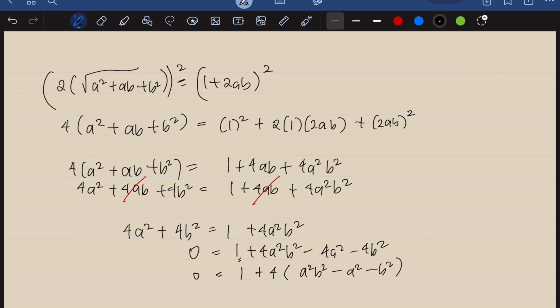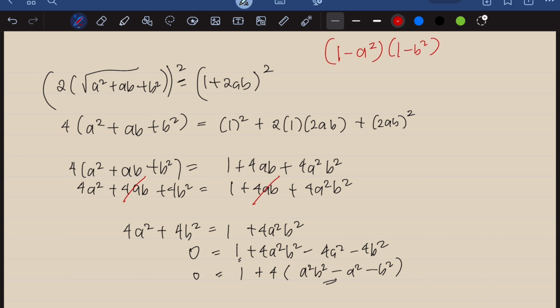And this can be factored again, this one, by making use of the required expression. Actually, I'm familiar already with this form, but I'm coming from the perspective that what if you are trying to solve this from scratch. So if you are not familiar with this form yet, what you can try doing is go back to the required expression, which is 1 minus a squared times 1 minus b squared.